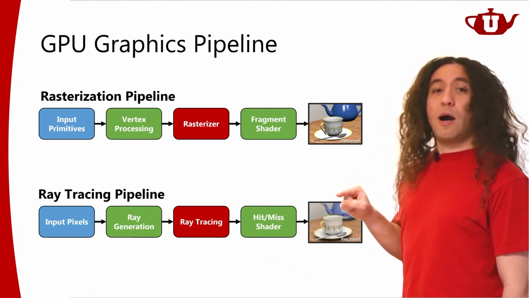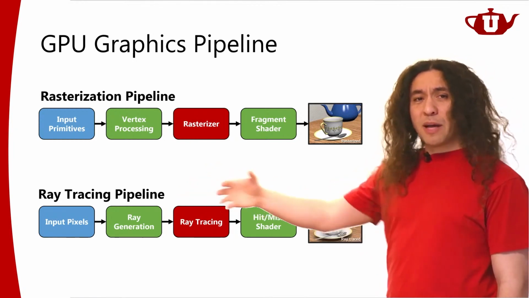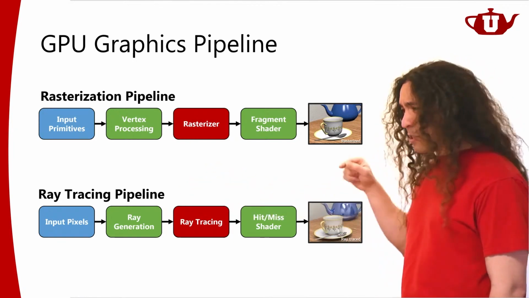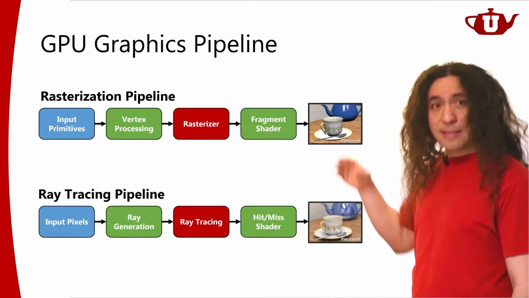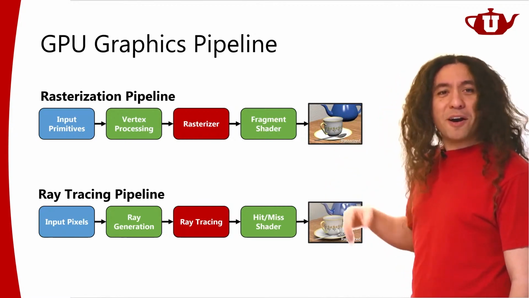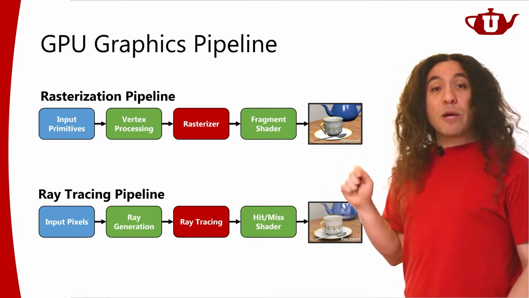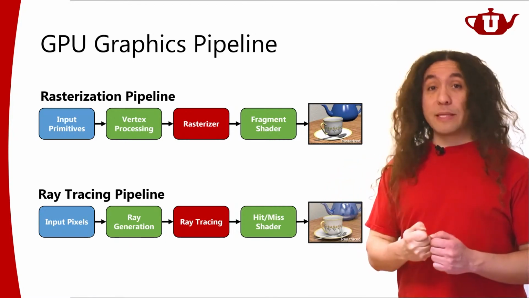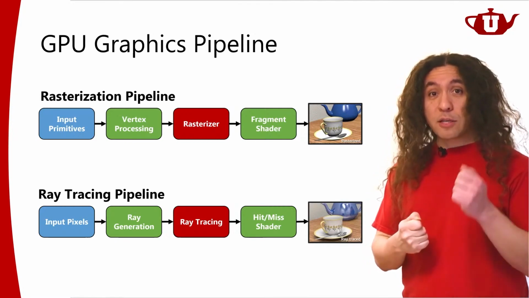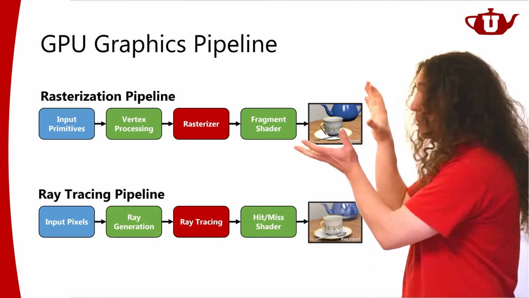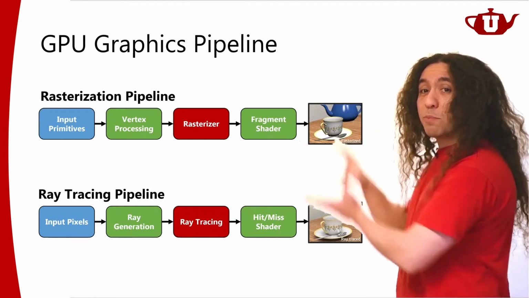The reason why the GPU graphics pipeline for ray tracing is not structured as an exact replica of the rasterization pipeline is that we want to be able to do more with ray tracing. The goal of ray tracing on the GPU is not to take this pipeline and replace it with ray tracing.